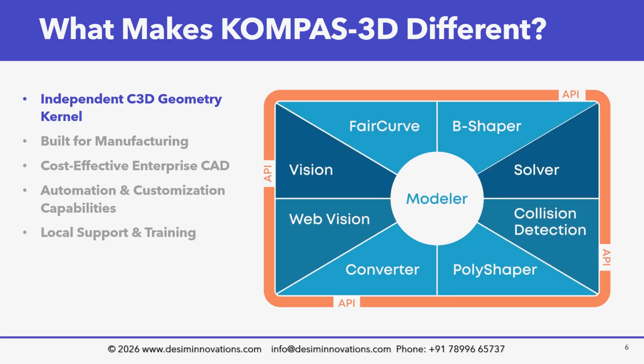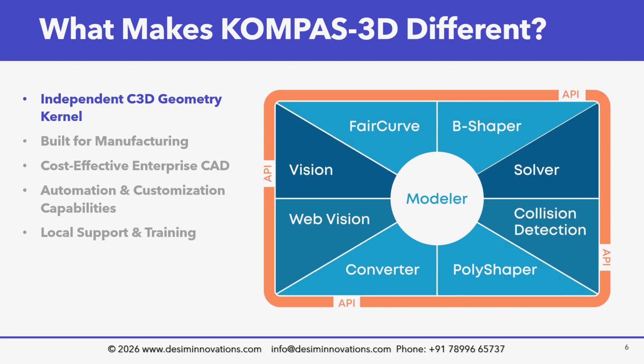So what makes Kompas3D stand out by solving these problems? Let me quickly walk through these. First is the C3D kernel. Without getting too deep into it, the kernel is basically the core engine behind a CAD system, and that's what makes Kompas3D different, as Ascon owns and develops its own kernel instead of relying on a third party. Let's say you're using a CAD system built on a third-party kernel like Parasolid.